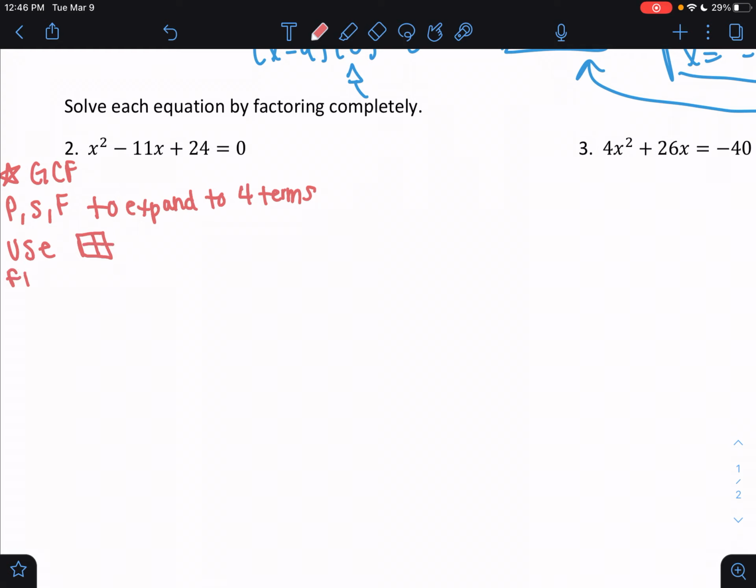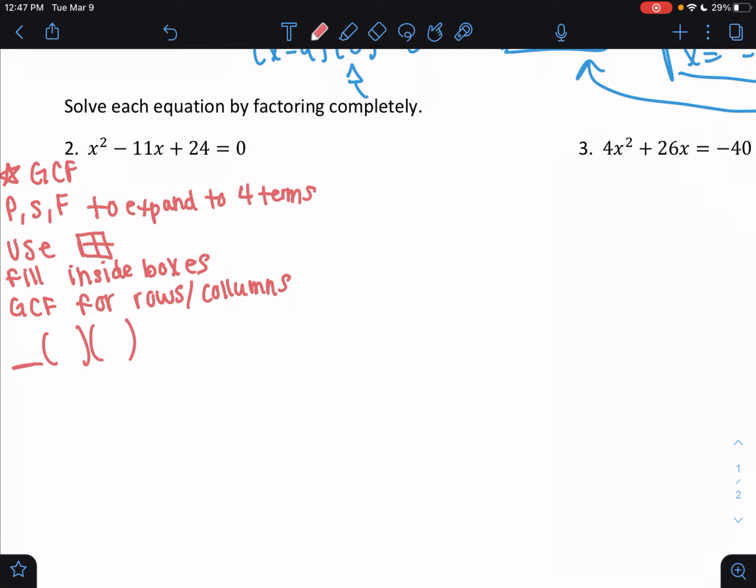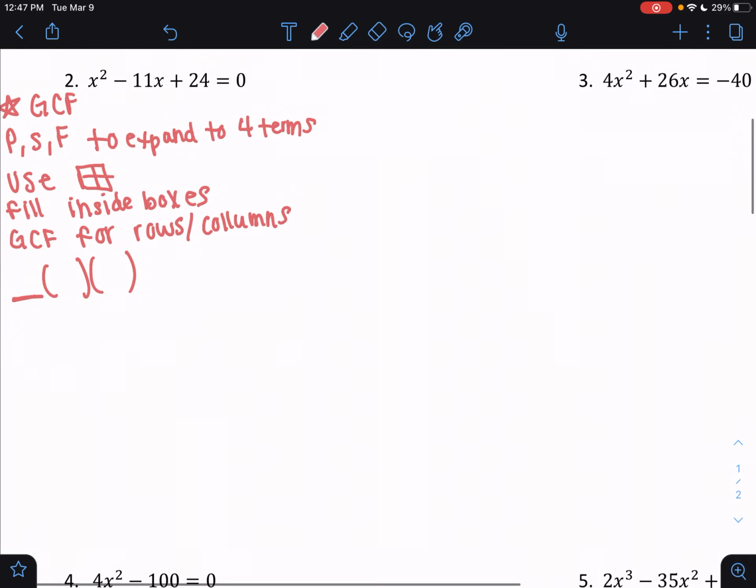Remember, we want to fill the inside of the boxes. And then we find the greatest common factor for each of the rows and the columns. Our final answer is going to be something with a set of parentheses like this. And if we took out a greatest common factor, it goes in the beginning. So that's a little reminder of how we factor.